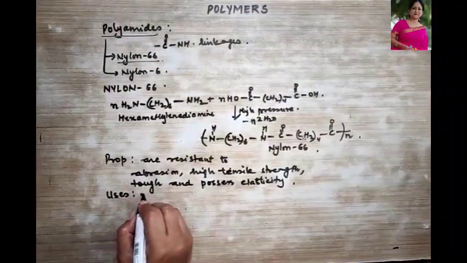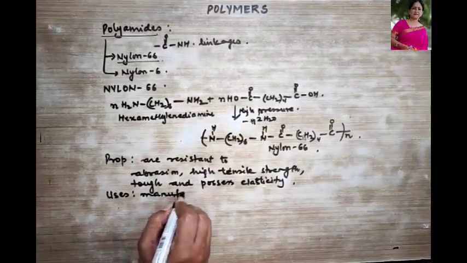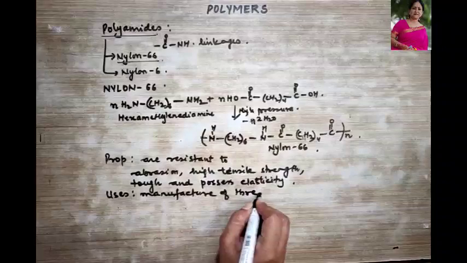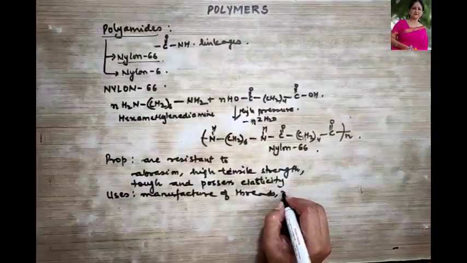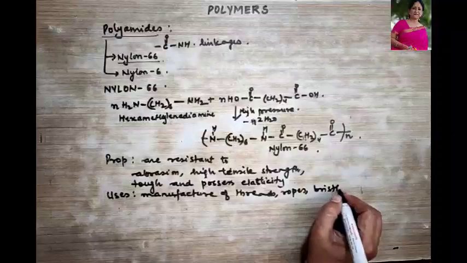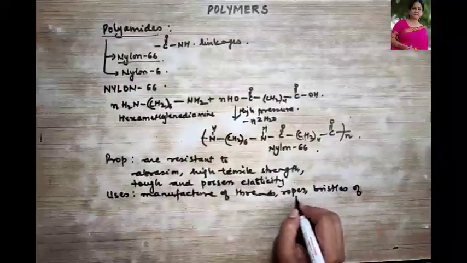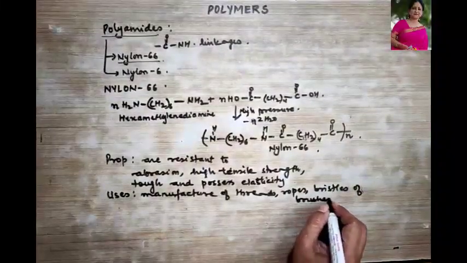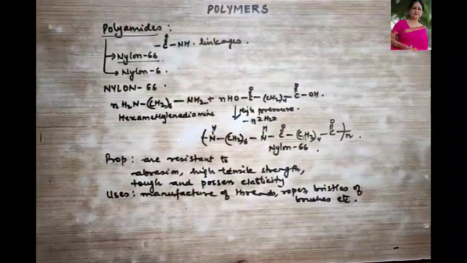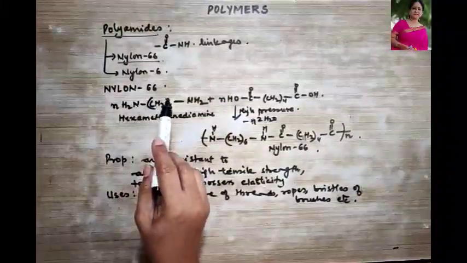What are the uses of nylon 66? It is used in the manufacture of threads, ropes, and bristles of brushes, etc. So this was all about nylon 66. How is it formed?